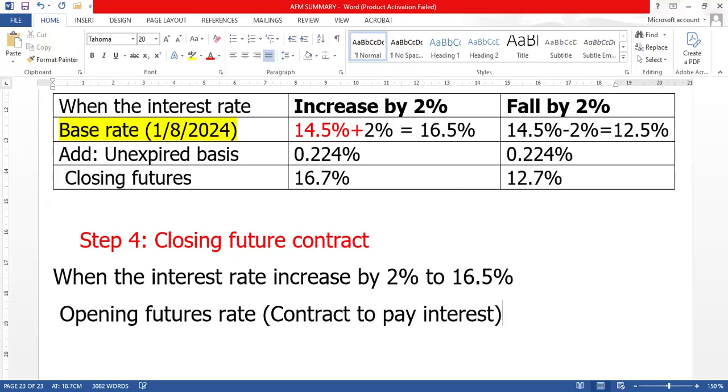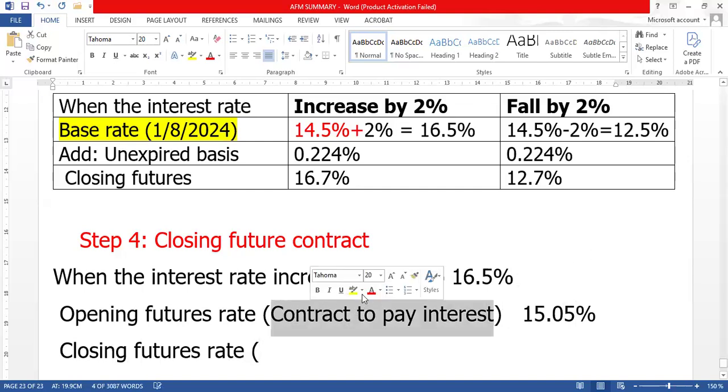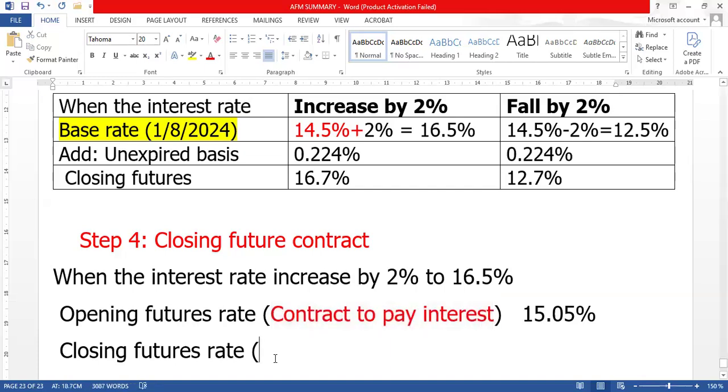You opened with what was the rate? 15.05, isn't it? So you are going to close at the closing futures rate. Now you close by what? If you opened by entering the contract to pay, now you close with a contract to receive interest.